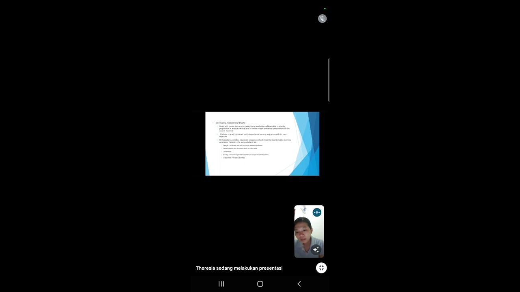After we know about the syllabus design, this is developing instructional blocks. Instructional blocks deal with course sections to make them more teachable and learnable, to provide progression in level of difficulty, and to create coherence and structure for the course. For example, there are two.